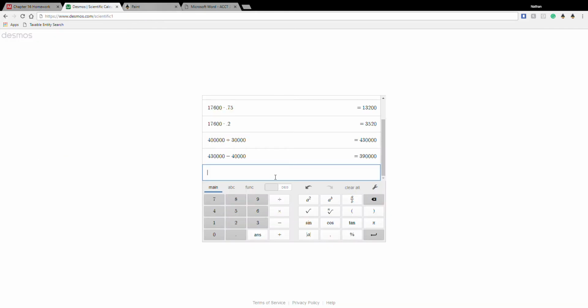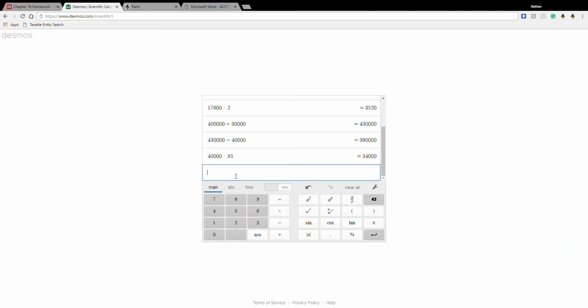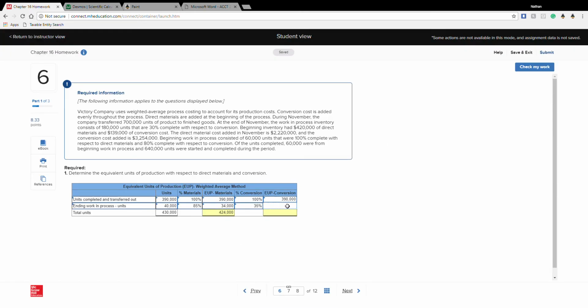So, 40,000 times 0.85 equals about 34,000 units I could have made out of that ending according to materials. Per conversion, times 0.35, I should have only made 14,000 units per conversion, equivalent units.